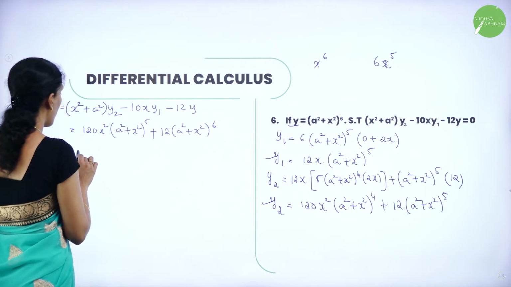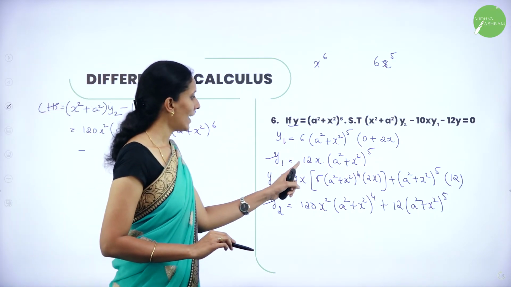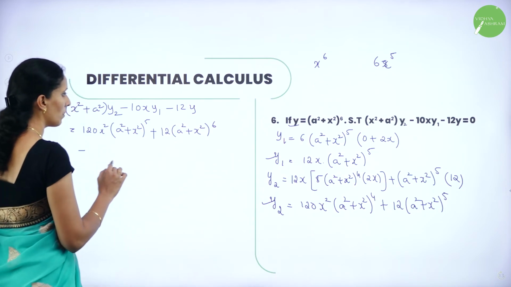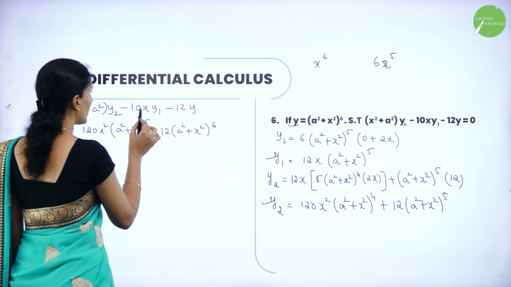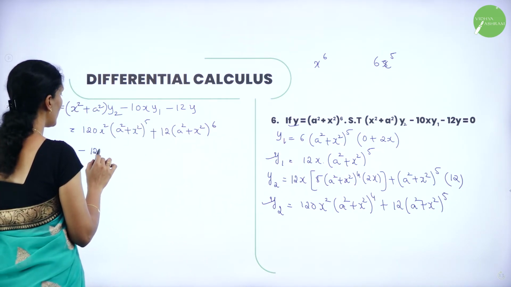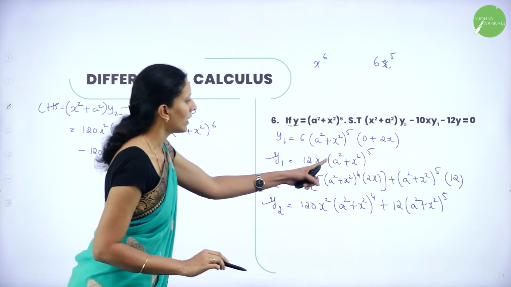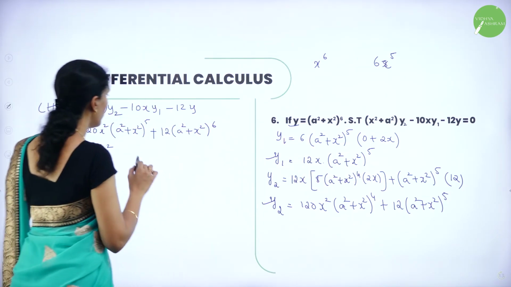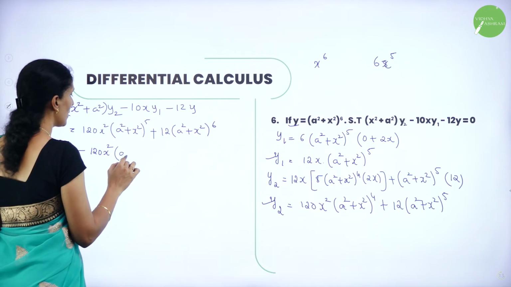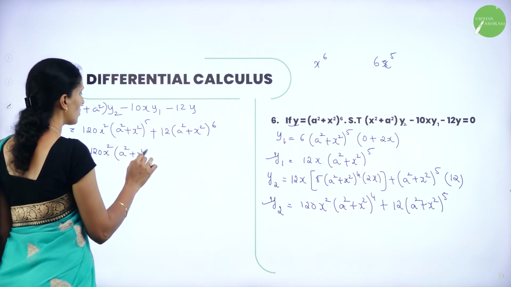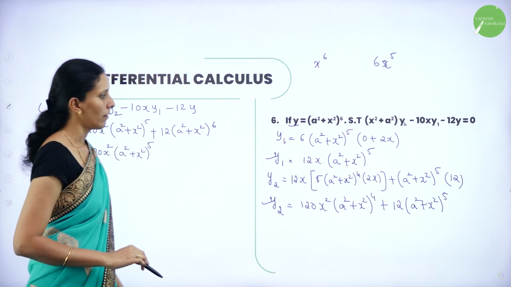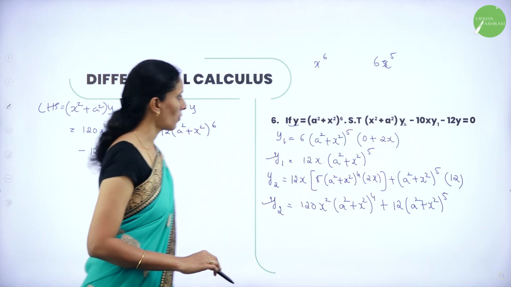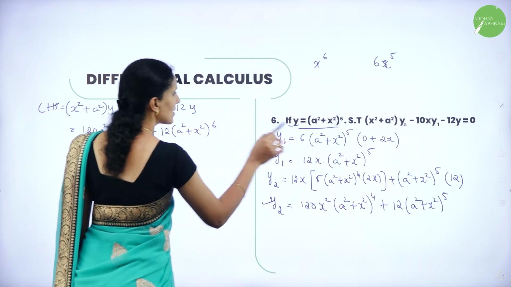Next we have minus, multiply 10x to this. So 12x into 10x becomes 120x square. And already you have y1 here, so again it is (a square plus x square) to the power 5. Next, we need minus 12y. y is this.